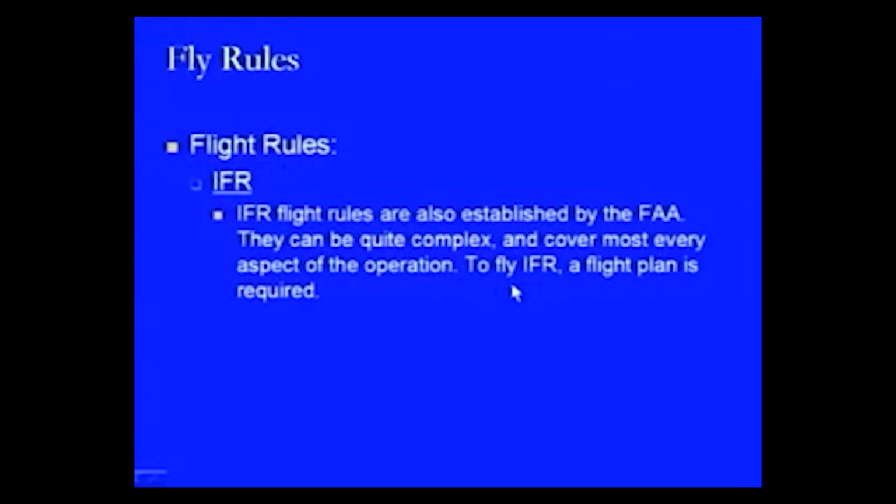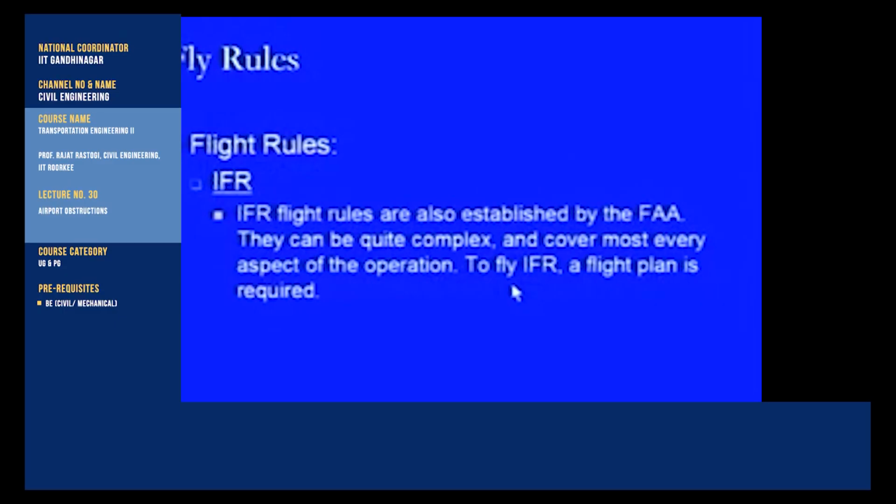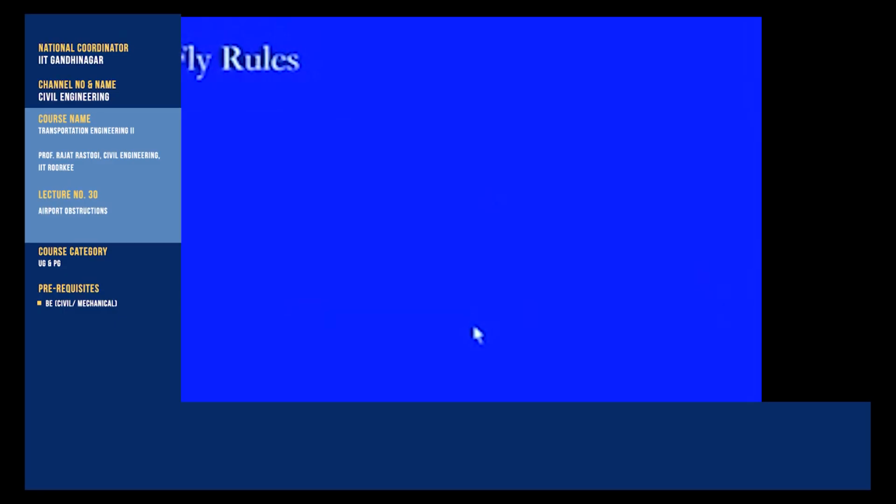To fly IFR, a flight plan is required, because everything is going to be controlled by the instruments, and in this case the flight plans will be required to earmark the various specifications which will be required during the flight, and that needs to be fed to the instrument. So, that is why it is a complex condition, but it is a more detailed aspect of operation and takes care of each and everything.